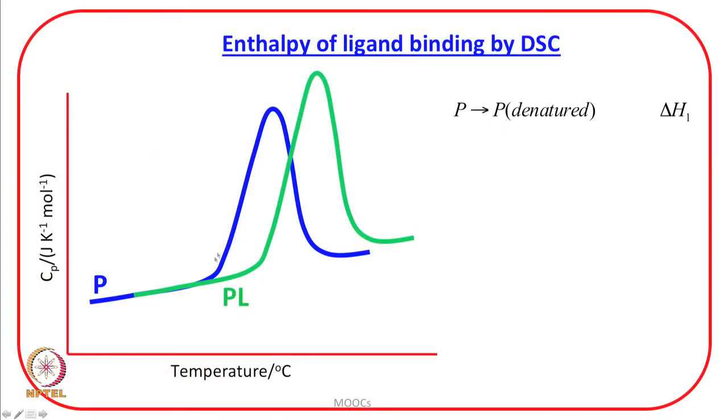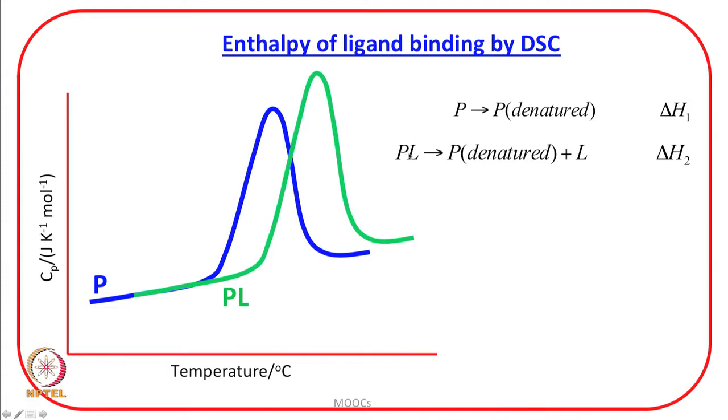The blue curve represents this reaction. P is being denatured, P going to P denatured. Let us say the associated enthalpy of unfolding is delta H1. In other words, I can call this the calorimetric enthalpy of unfolding, which is delta H1. And for the green curve, you are taking PL, the complex.